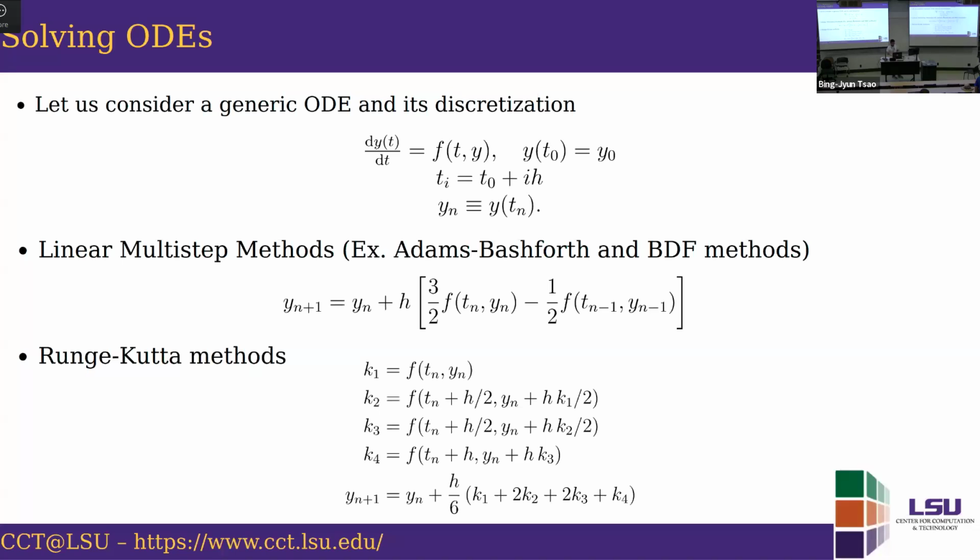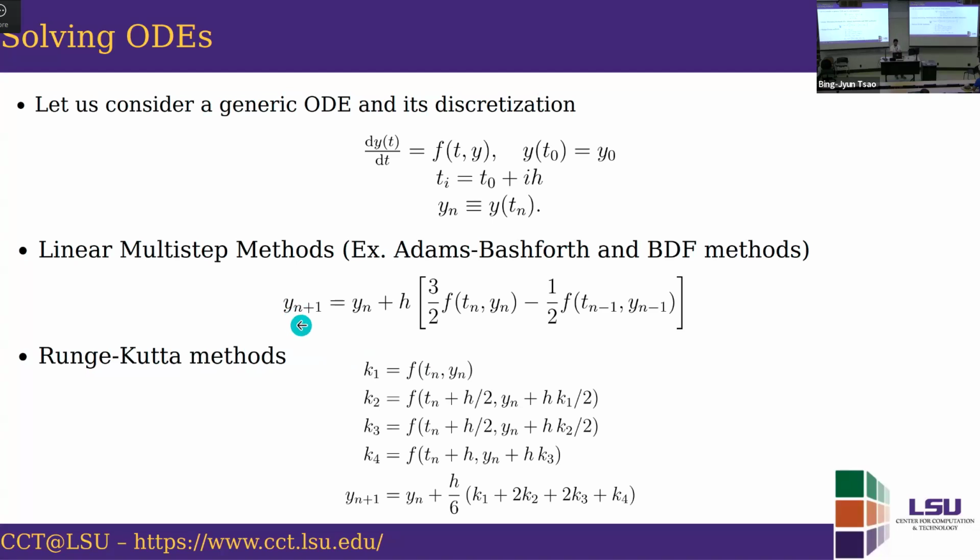And there are basically two broad categories of ways to solve a generic ODE problem numerically. We have what are called the linear multi-step methods. Examples of those are the Adams-Bashforth methods and the backward differentiation formula methods, right? And we got the good old Runge-Kutta family of methods. So basically what differentiates these two methods is the following.